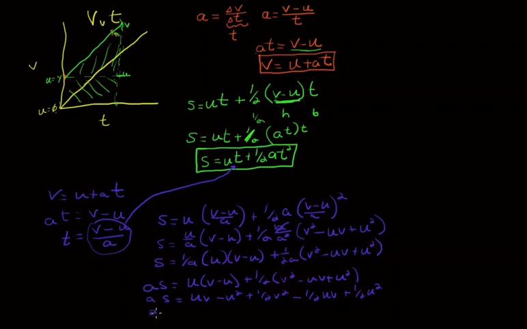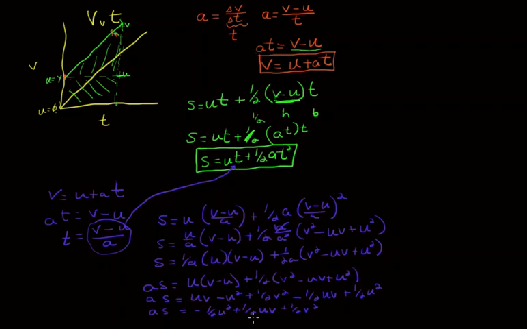I'm going to run out of room here, but as equals, all right, so let's go with the u squareds here. U squared minus u squared plus 1/2 u squared equals minus 1/2 u squared. uv minus 1/2 uv equals plus 1/2 uv, and then 1/2 v squared is plus 1/2 v squared.